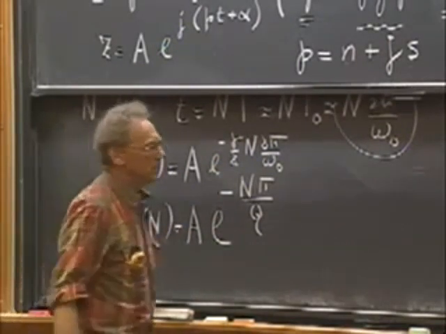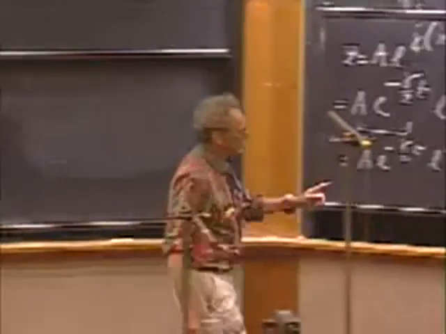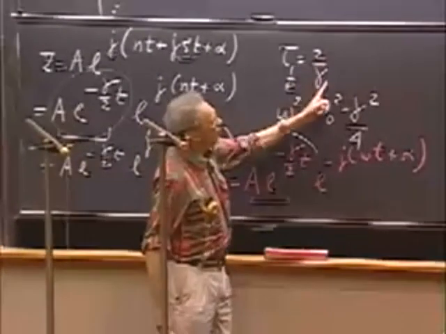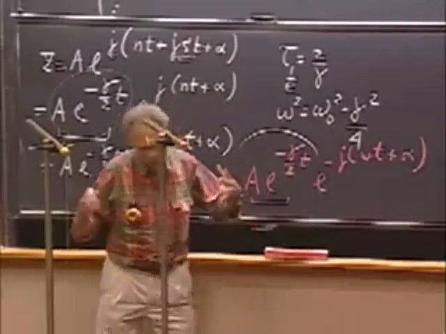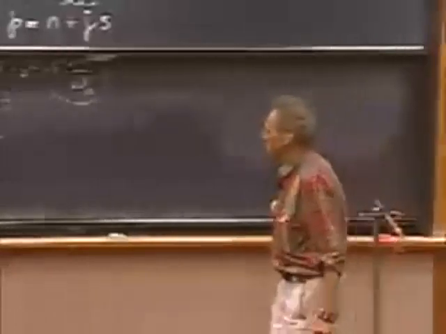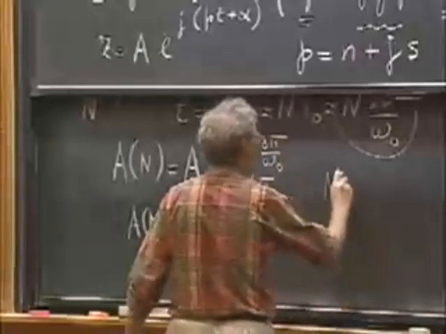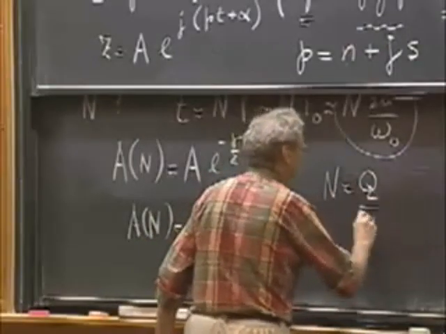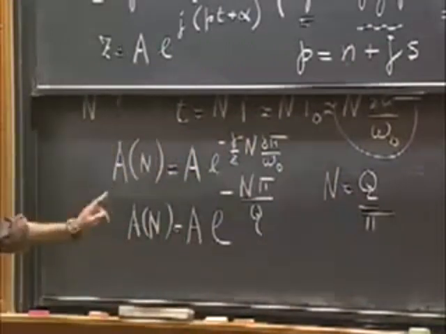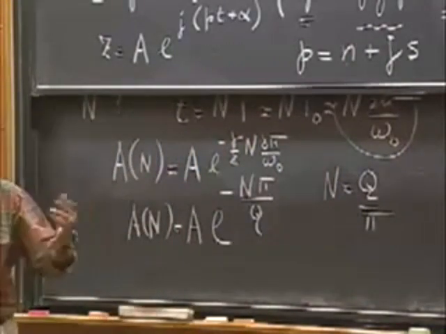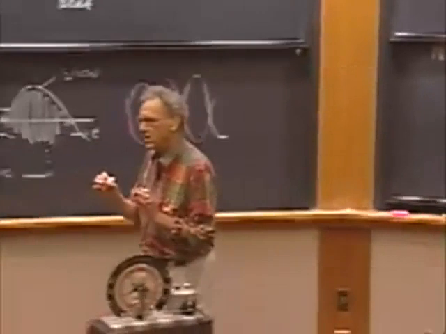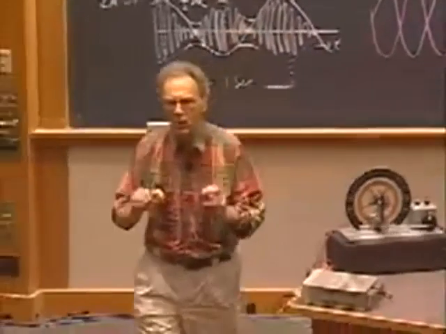No. Here we say I have to wait 2 over gamma seconds for the amplitude to go down by a factor of e. Here we say if n is Q divided by pi, then the amplitude goes down by 1 over e. So in one case, I ask myself, how many seconds do I have to wait?